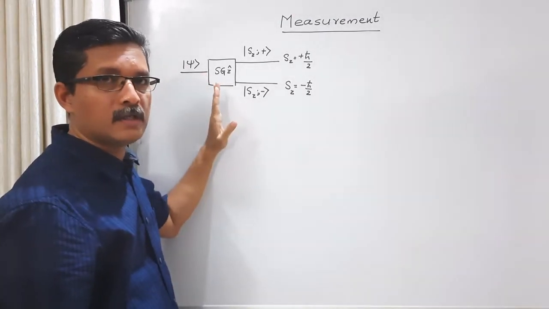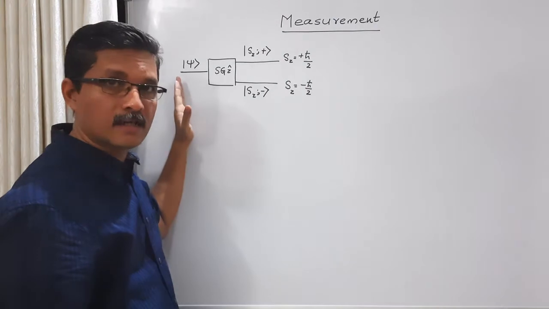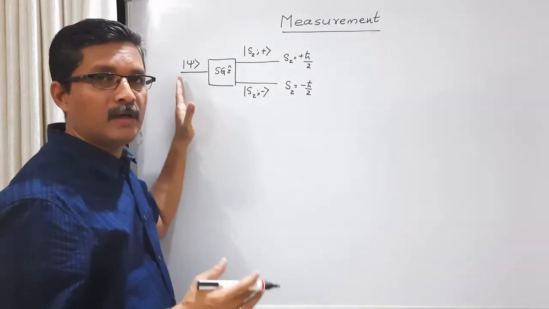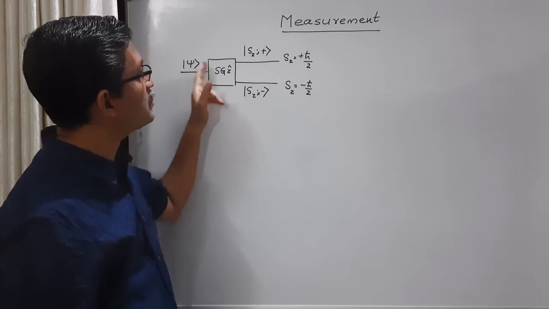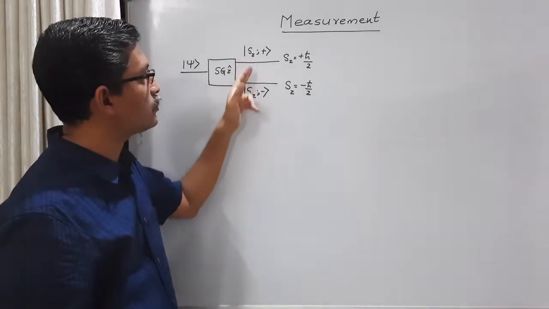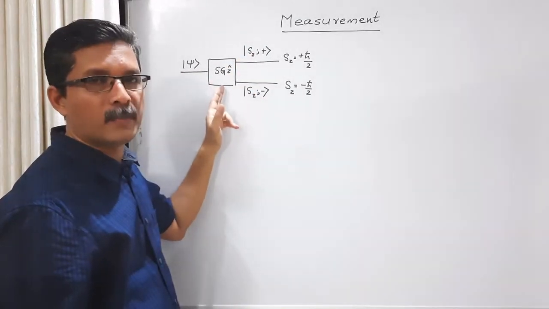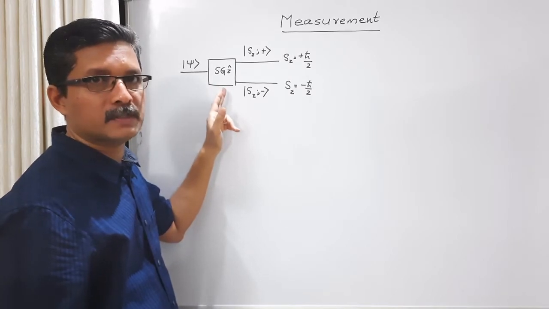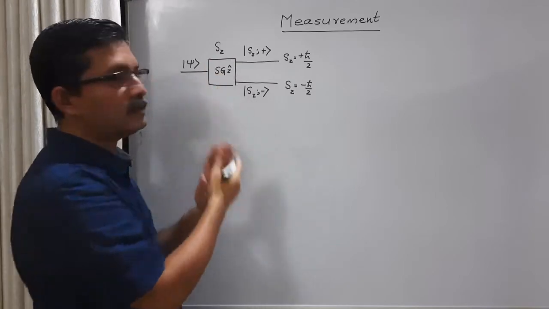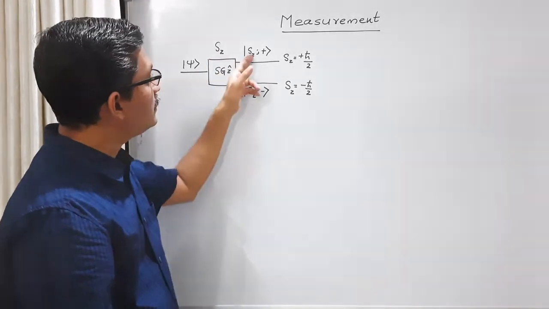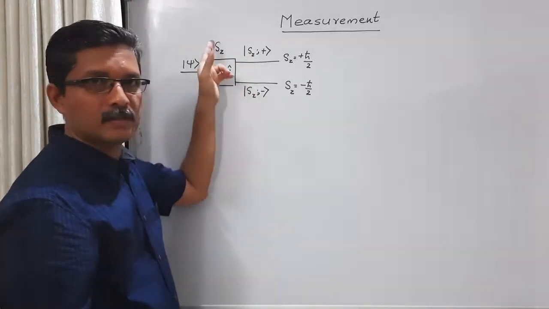So for this physical quantity, if the initial state is a general state, then after the measurement, the system changes from the general state to one of the eigenstates of the operator corresponding to this physical quantity. The physical quantity is this, and we have an operator corresponding to it. These are the eigenstates of the operator.